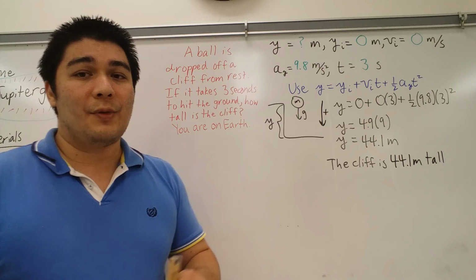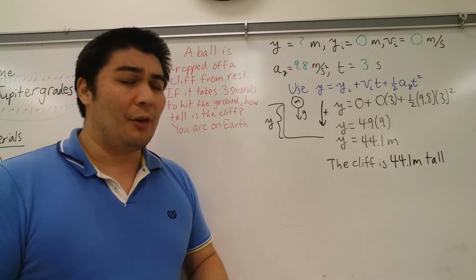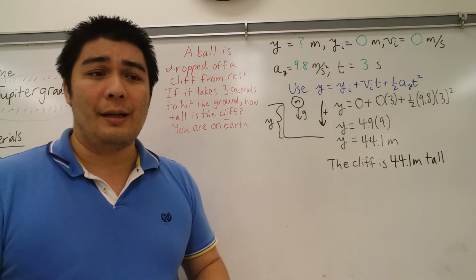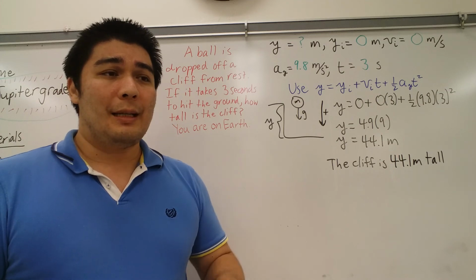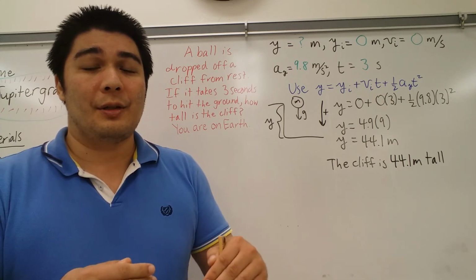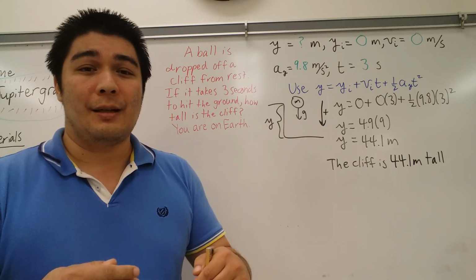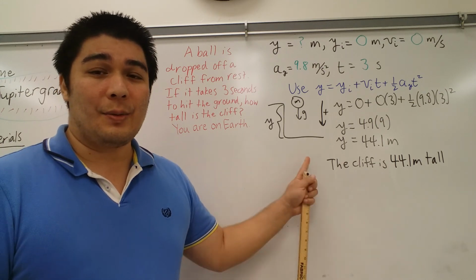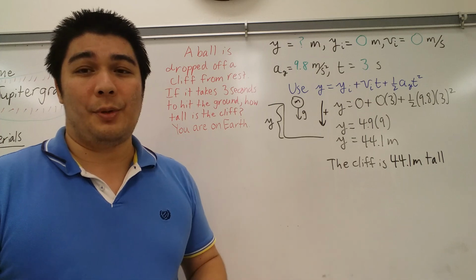This is very typical of physics problems, as you will see from now on, mostly because these problems get a little bit harder to just describe, and there's a lot of vocabulary that you're going to need to understand, and so that's why drawing pictures will really help you out.